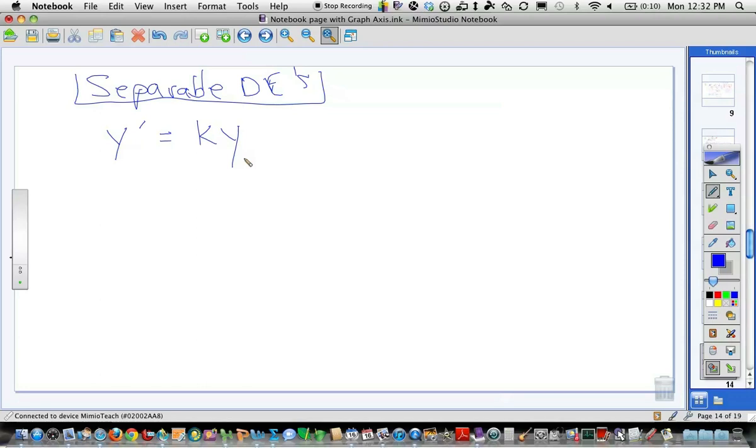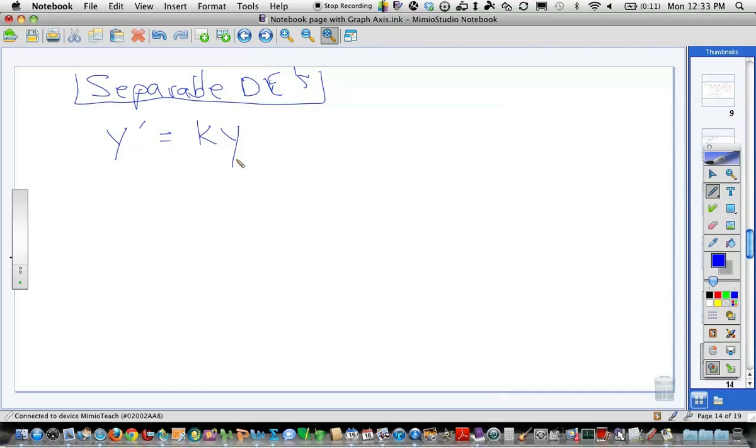Okay? y prime equals k times y. Now, we said we couldn't do the antiderivative here because it was in terms of y. And this y prime is in terms of x. So if you do the antiderivative, you have to do it in terms of x. Or t, depends.